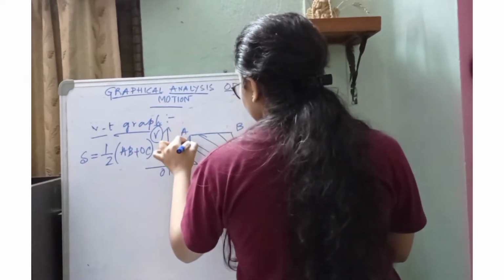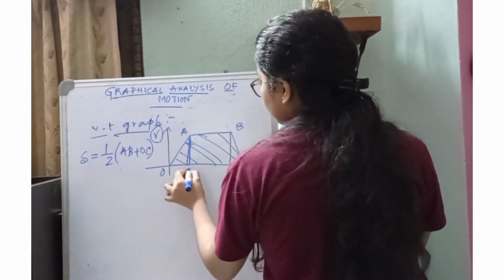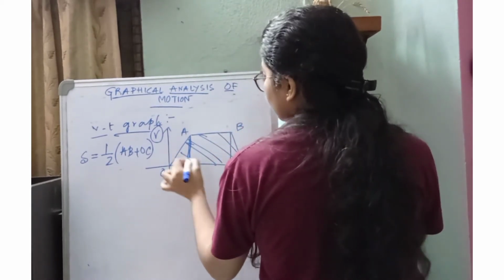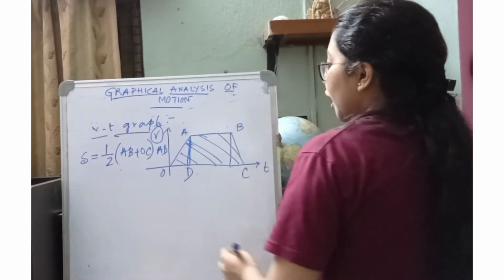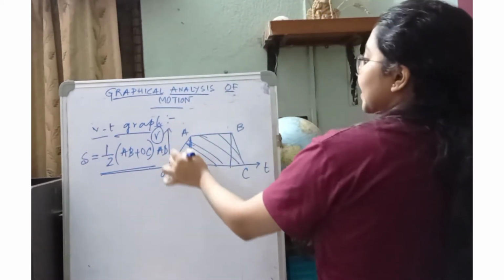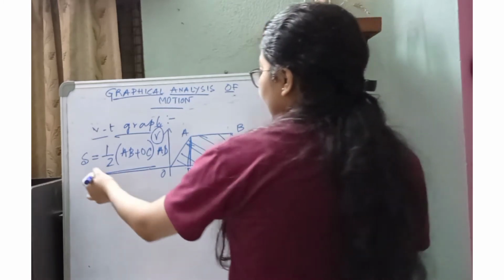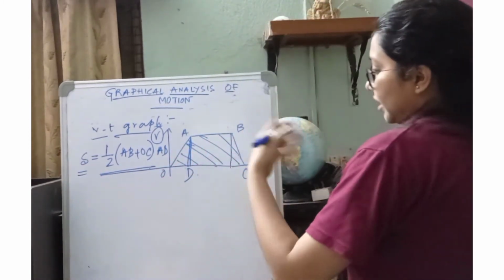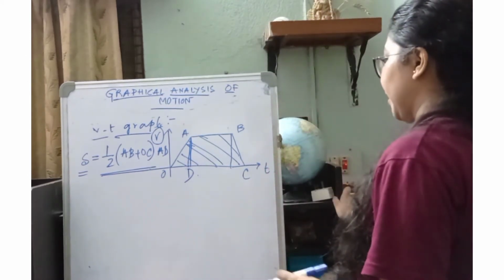Like suppose this is the perpendicular distance between them into AD. Okay. So this is the area of this particular trapezium. This area of the evaluated trapezium is nothing but the distance or the displacement which has been provided over here.